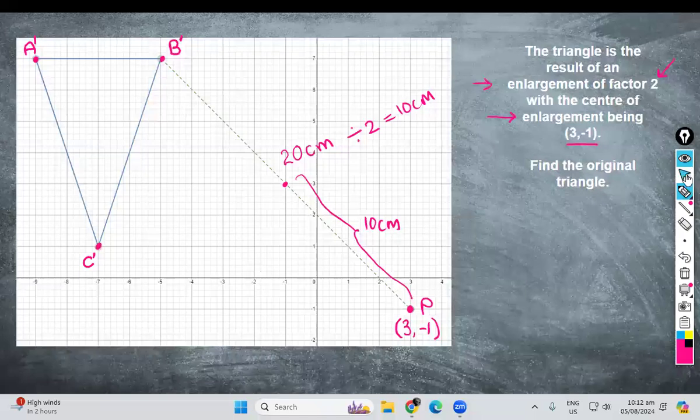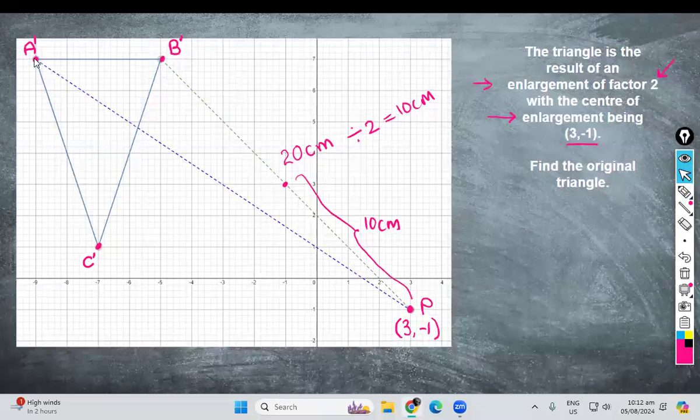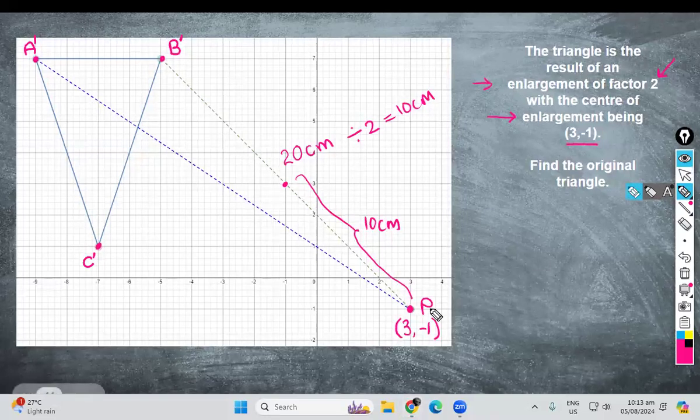We're going to connect one more point, point A, to the center of enlargement. Because it's twice as big, to get back the original, we divide by 2. We measure the length of the blue line with our rulers. If we get 24 centimeters, half of 24 is 12.